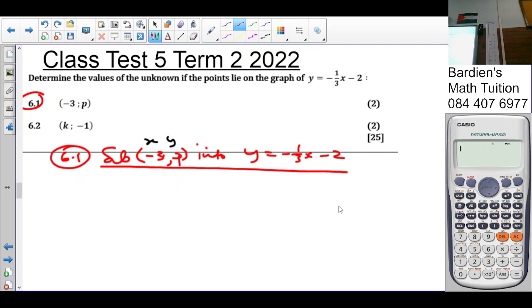Where we see a y, we put a p. So p is equal to negative a third times negative 3 minus 2. What is negative a third times negative 3? Positive. Cancel, 1 minus 2. What's 1 minus 2? Minus 1. P is negative 1.